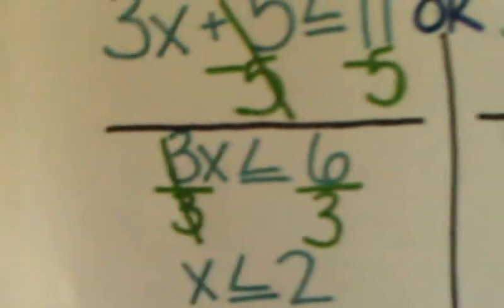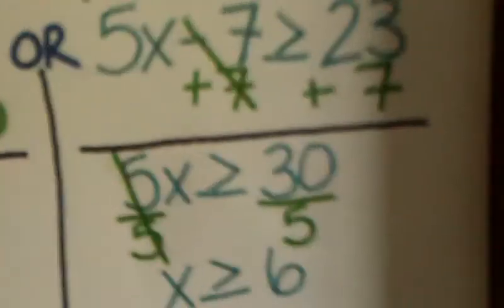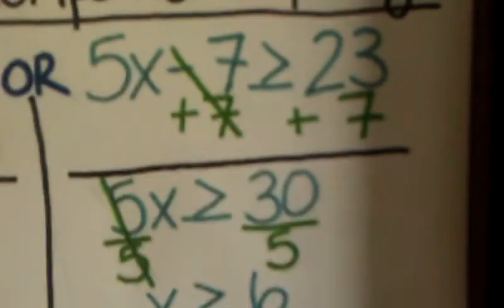It comes to 3x ≤ 6. You divide by 3, and you get x ≤ 2. Then you add 7 to both sides of the other: 5x ≥ 30. You divide by 5: x ≥ 6.